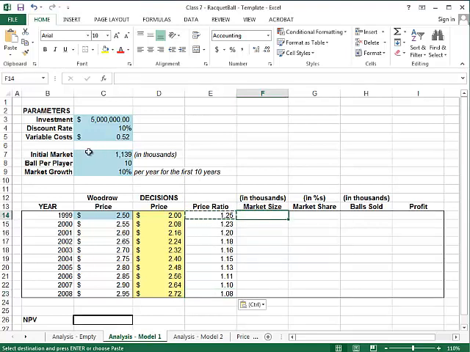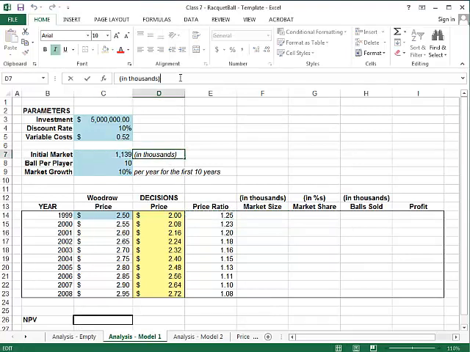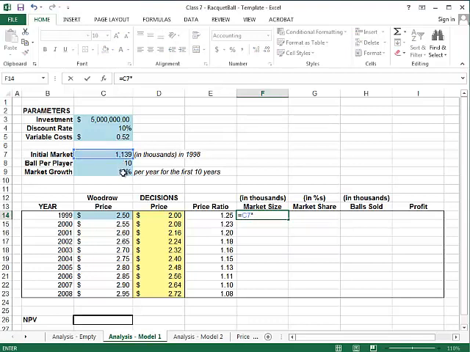Now let's look at the market size. We're given the initial market size and assume that that's in year 1998. So if you want to find the market size in 1999, then you start with the 1998 initial market size and multiply it by 1 plus the market growth.